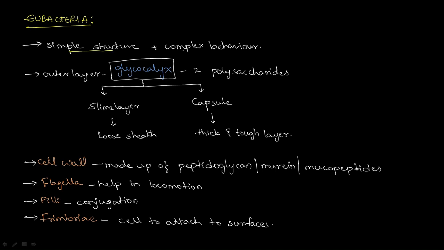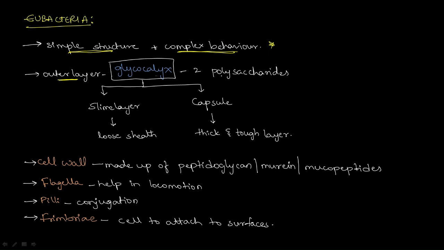Eubacteria have a simple structure and they show complex behavior. This is a point to remember. The outer layer of eubacteria has a glycocalyx layer.